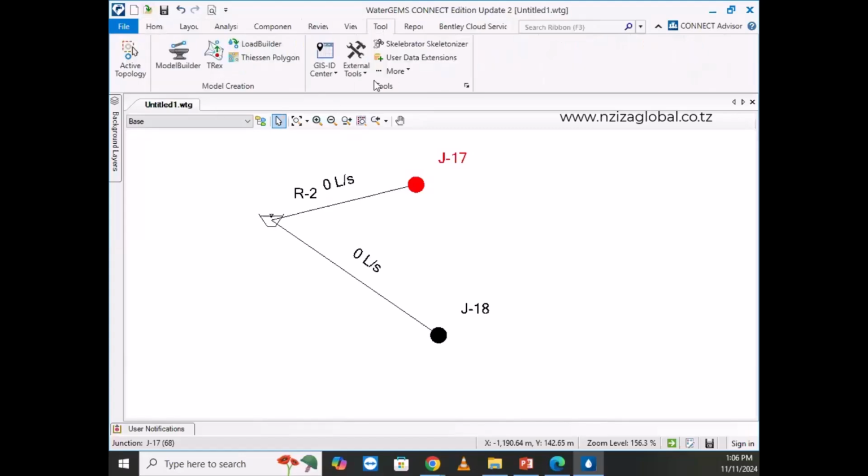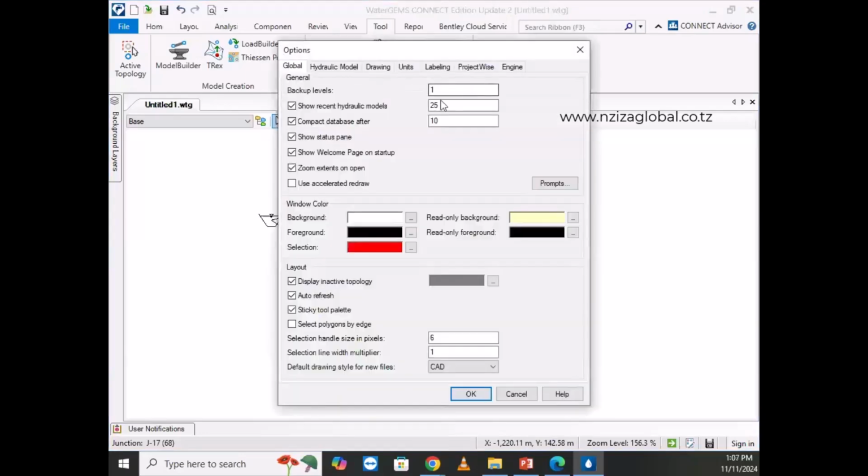To me, when you start your software, the first thing you need to know is to set units. Even if we were looking at the interface and tools, let's also look at how to set them. You go to tools. There is a small icon here. Click on it. It's an option.